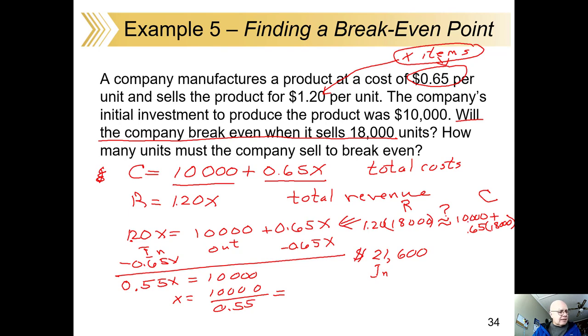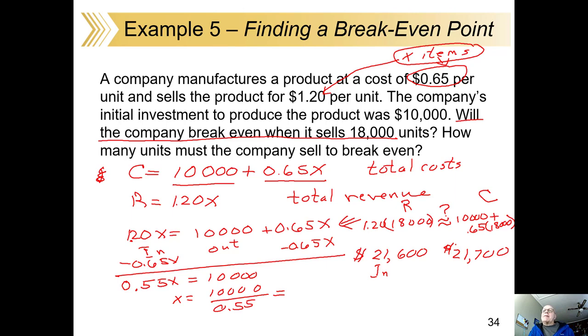Now how about this? 10,000 plus 0.65 times the 18,000 items we had to bring in, and so our costs would be $21,700.